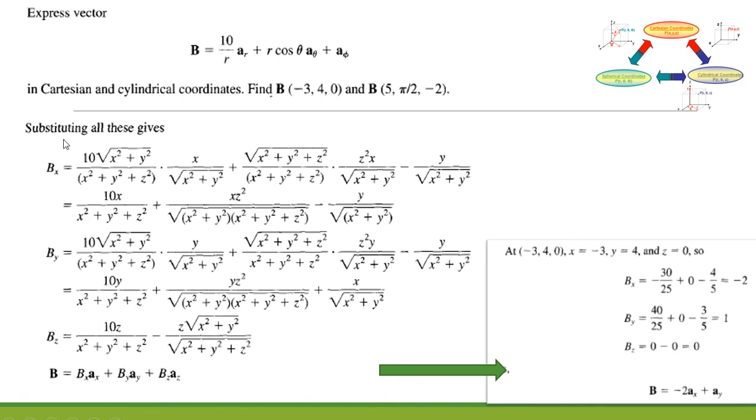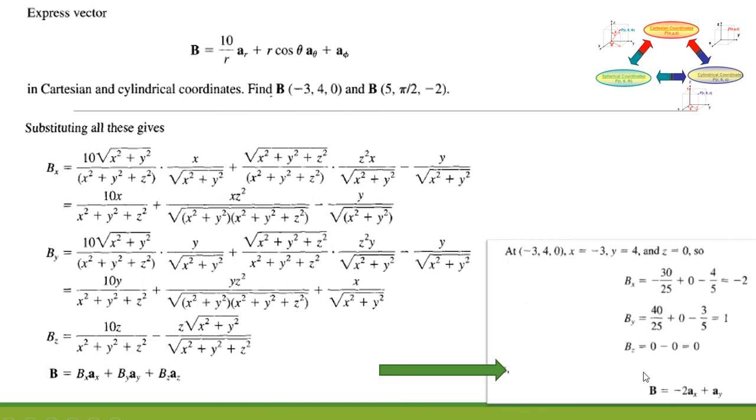So here what we are doing is, for Bx, By and Bz, we are going to calculate the value at minus 3, 4, 0 for Cartesian, and for cylindrical we have to calculate here. For Cartesian, we substitute minus 3, 4, 0 for x, y, z, and if you simplify, we get Bx equal to minus 2, By equal to 1 and Bz equal to 0.